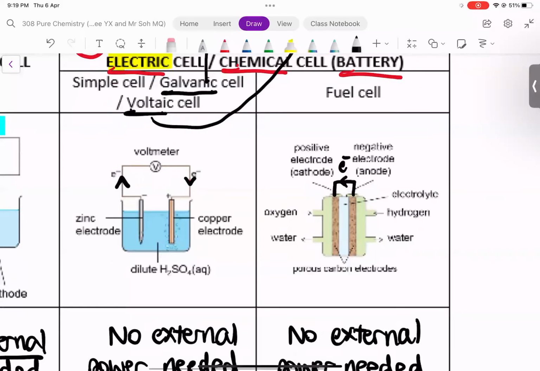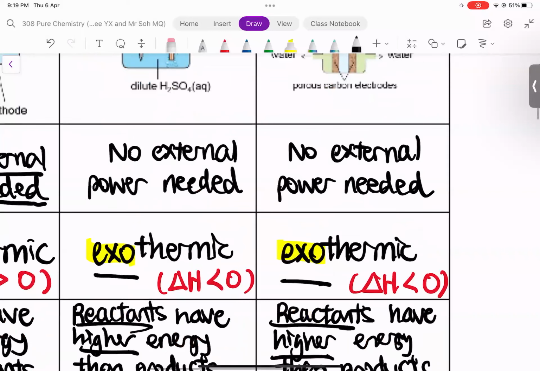Okay, so the reaction is exothermic. We have one more question. The fuel cell is exothermic. How do I know it's exothermic? Because I do not need an external power source. It doesn't take in energy from the surroundings. If it doesn't take in energy, that means it must give out energy. So if it gives out energy to the surroundings, that's exothermic. Now, I think the confusion here is that at O level, we tend to restrict it to heat energy being released, right?